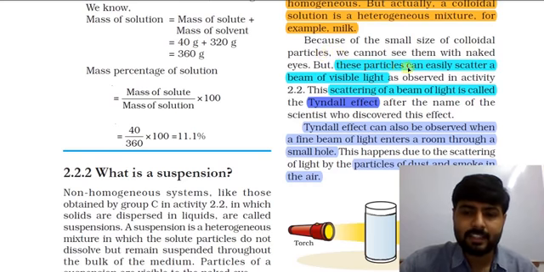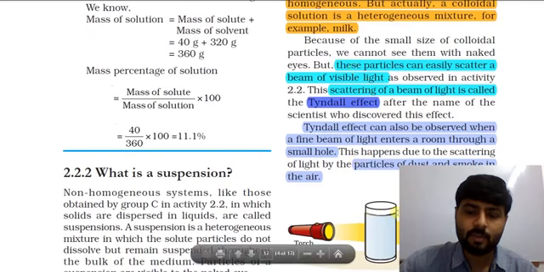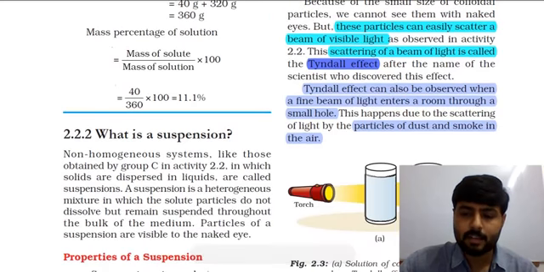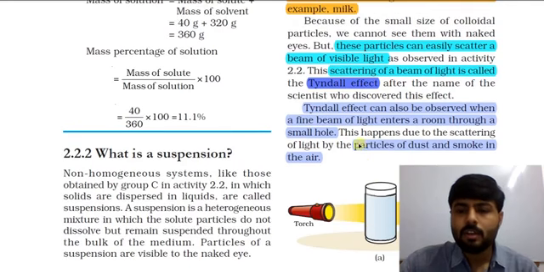These particles can easily scatter the beam of visible light, as we have seen that if we pass a light beam through it, we can see the path of the light beam, as in this figure. That scattering of a beam of light is called Tyndall effect.